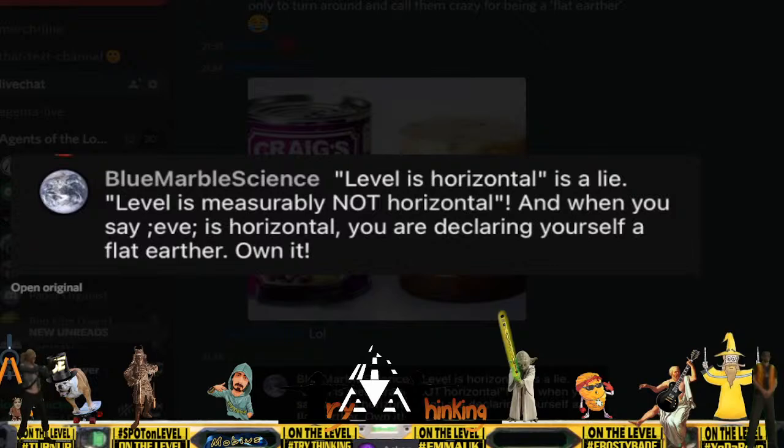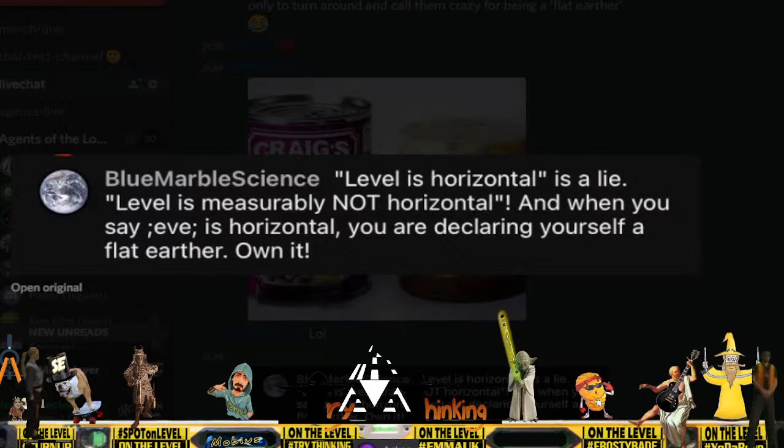This is 1984. Blue Marble thinks he's Big Brother. Blue Marble Science says level is horizontal is a lie. It's not, Blue, but hey, maybe that statement could be classed altogether. He says level is measurably not horizontal.